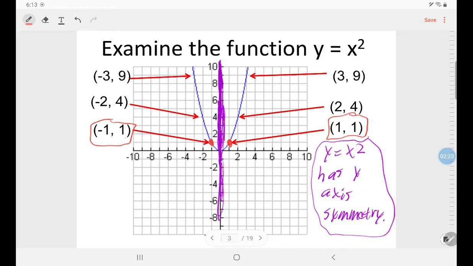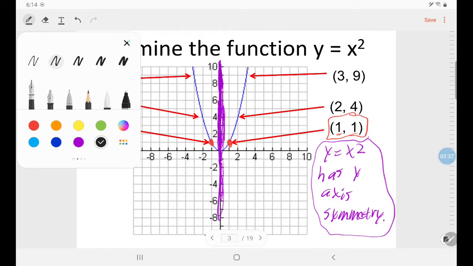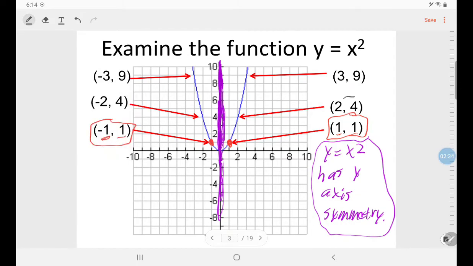So same y value, but the signs on the x's are different. Okay, let's keep that in mind as we go further. This graph contains 2, 4 and -2, 4. Again, the y value stays the same even though the x changes signs.